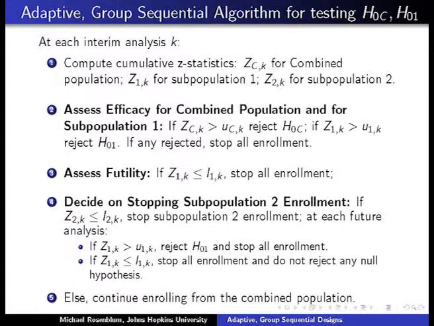You're essentially shifting into a group sequential design with certain thresholds that I'll tell you about in a bit for population 1. So this is the case where you might give up on subpopulation 2 and just shift. Now you're just enrolling subpopulation 1. And I should say throughout this, I'm assuming that if you're enrolling the combined population, you're enrolling proportional to the true population proportion.